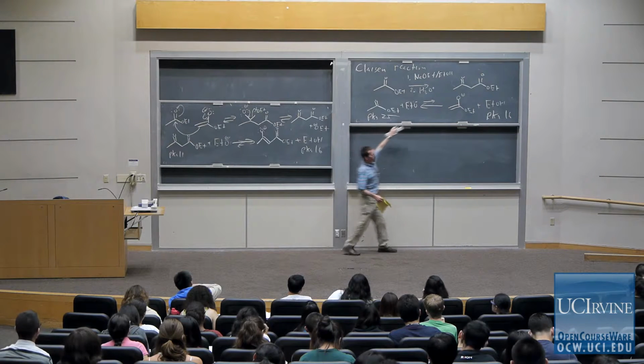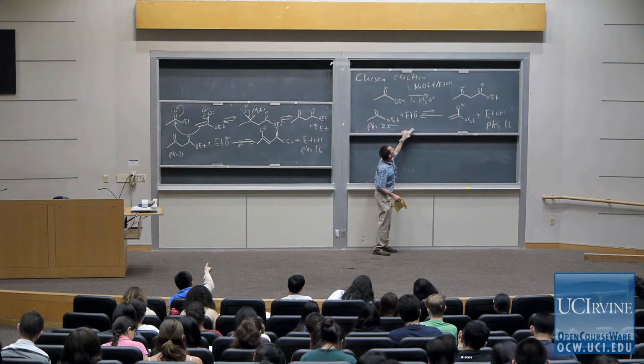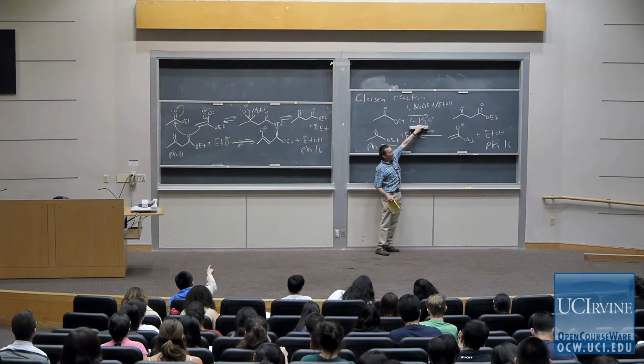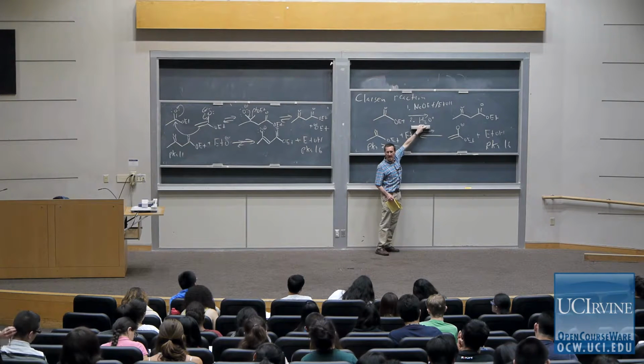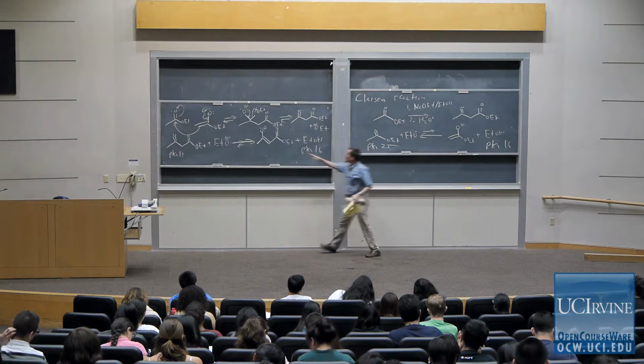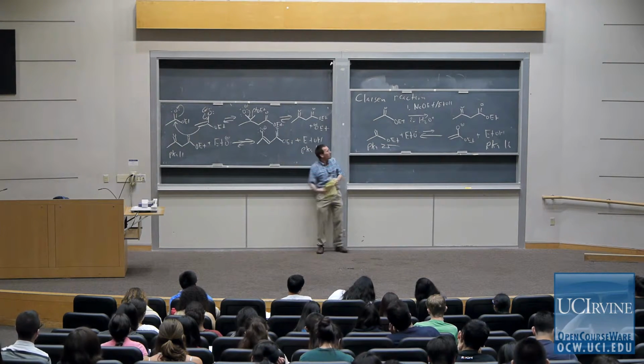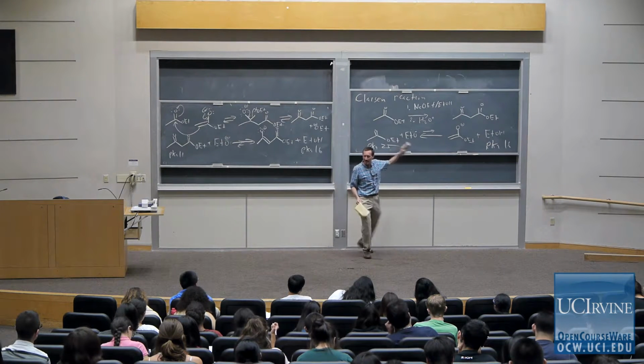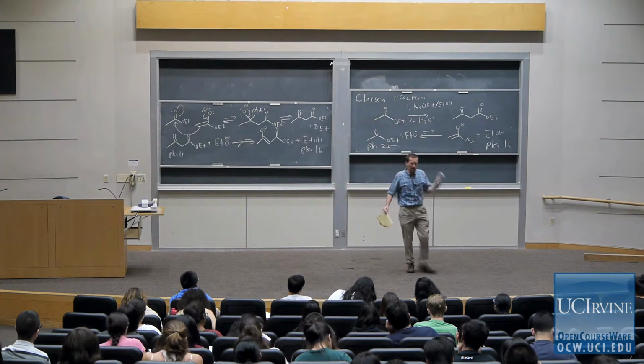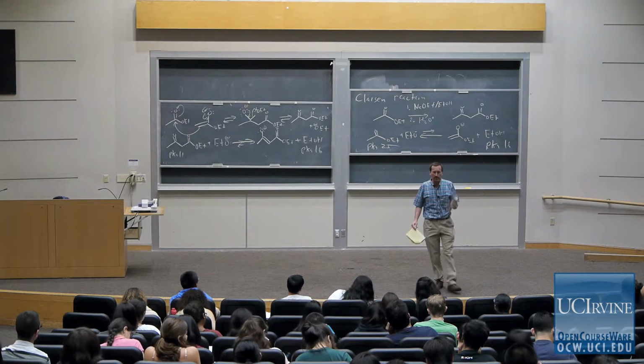Should we add some acid in the reaction? Absolutely. At the end of the reaction, we're not done yet here. I've just given you the mechanism for the condensation. At the end of the reaction, you add acid.